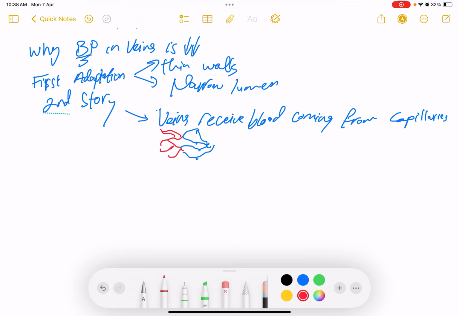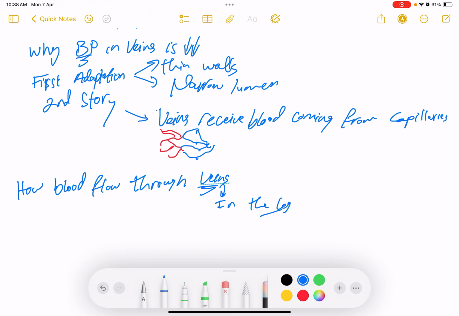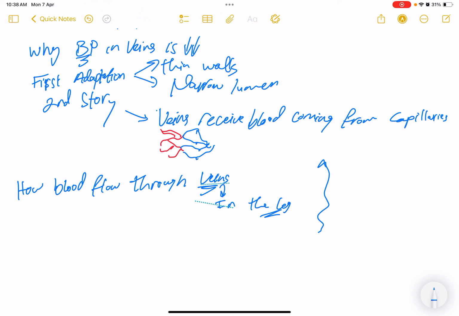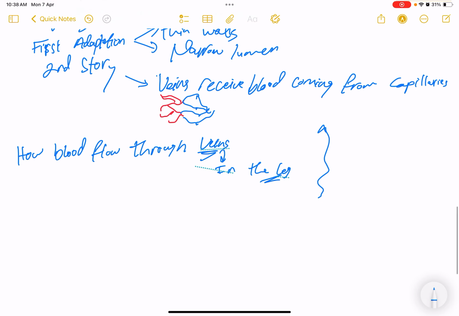Then, let's see how blood flows through the veins, specifically the veins in the leg, and how they move against gravity, upwards towards the heart. So, I have veins embedded between muscles.